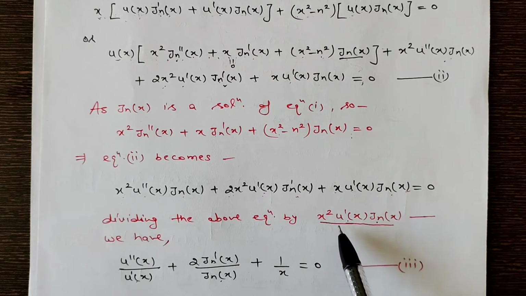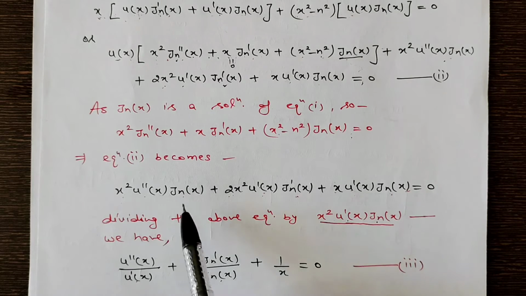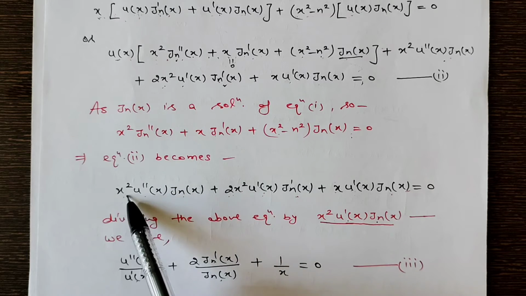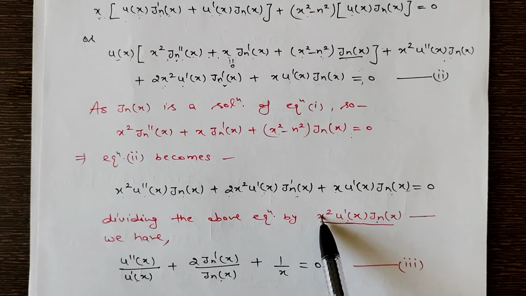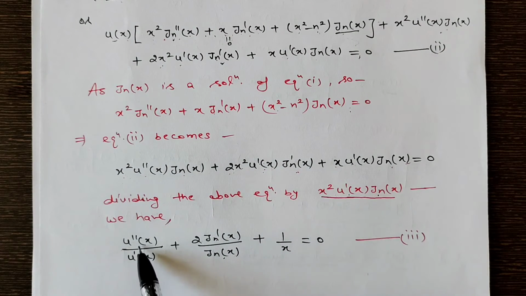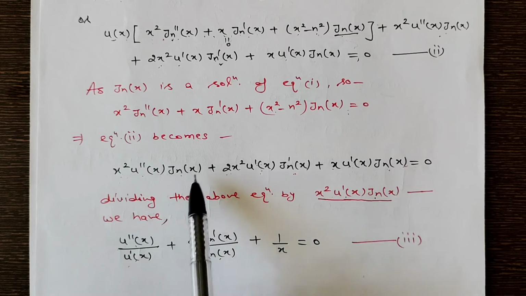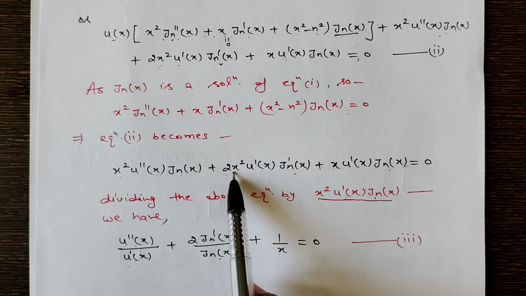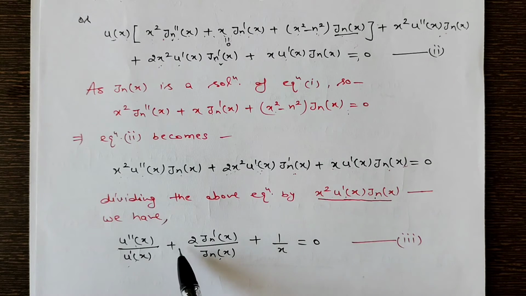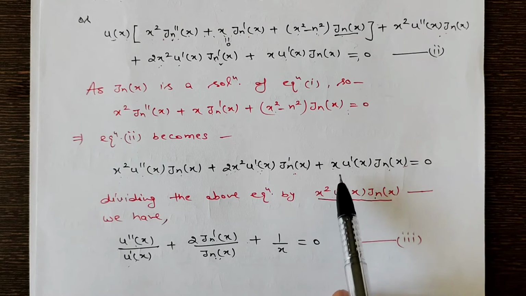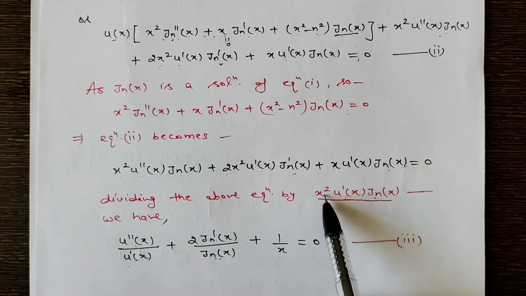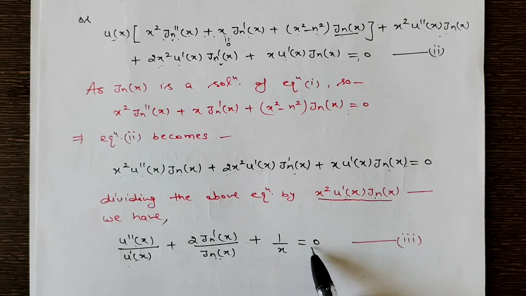Look at the first term: after dividing by x square into u prime x into Jnx, x square is cancelled, so it will be u double prime x divided by u prime x, because Jnx is also cancelled, plus from the second term, x square is cancelled, u prime is cancelled, so the remaining term will be twice of Jn prime x divided by Jnx, plus from the third term, u prime x is cancelled, Jnx is cancelled, and one x is also cancelled, so the remaining term will be 1 by x equals to 0.